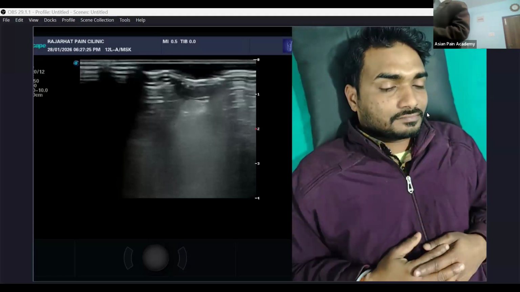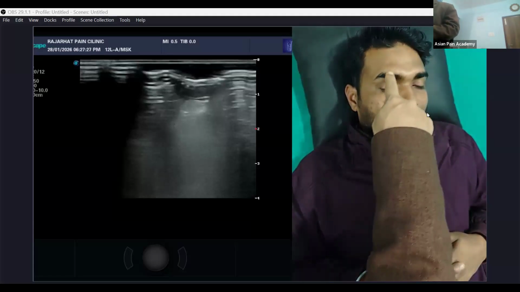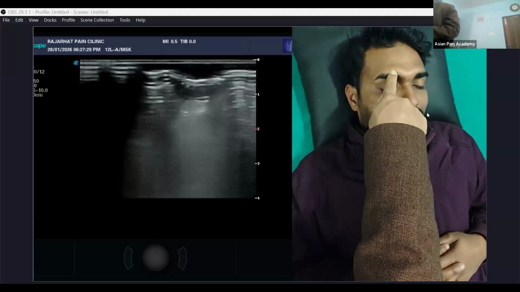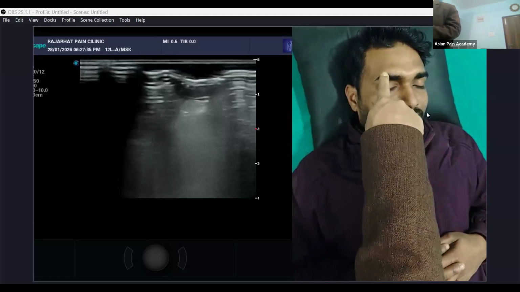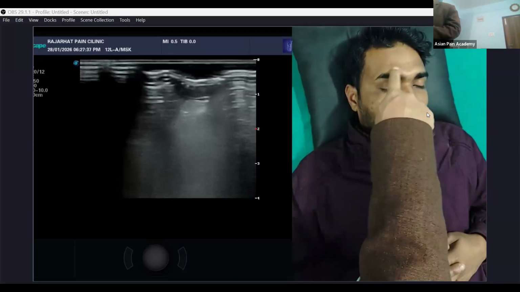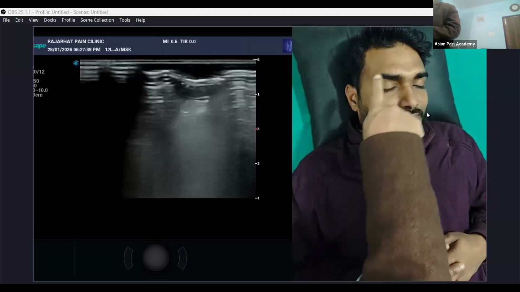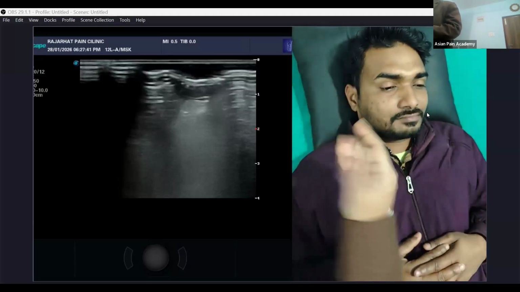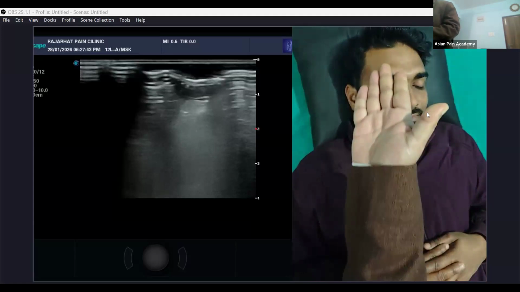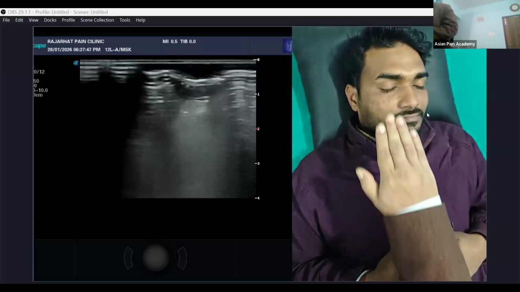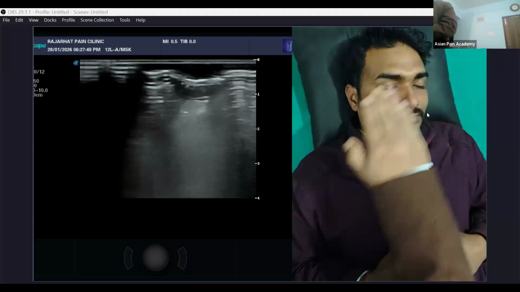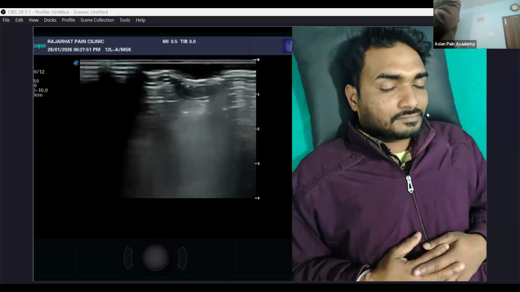First I will see where the supraorbital foramen is, through which the supraorbital nerve comes out. Here I first see the bony margin, the bony periosteum line, and then I see from down like this, not straight from above, a bit from below. Then I can see a gap.